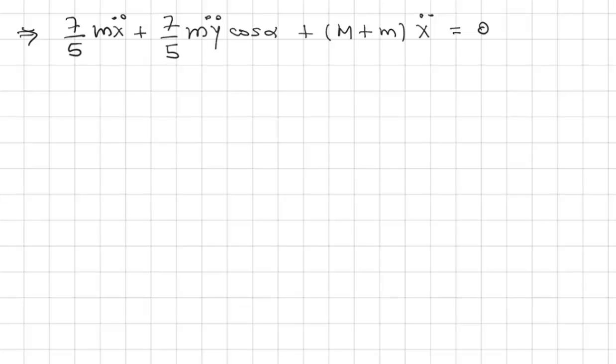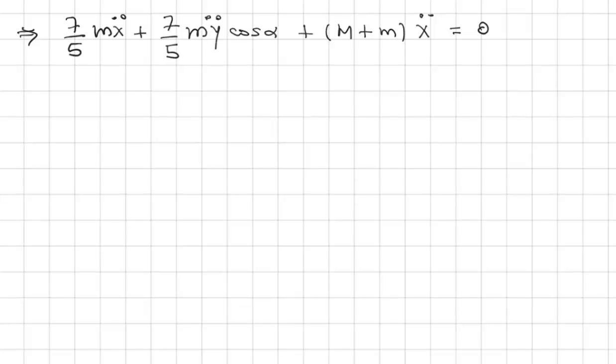This is the first Lagrange equation, for the x component of the system. We can see here that we have the x component and the y component as well in the final result.